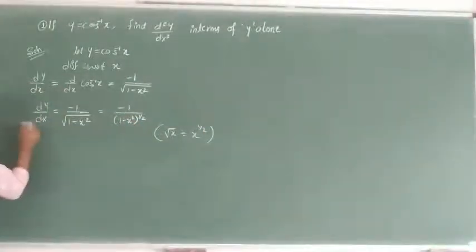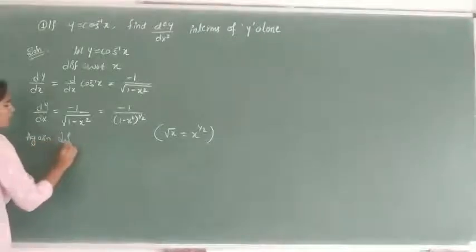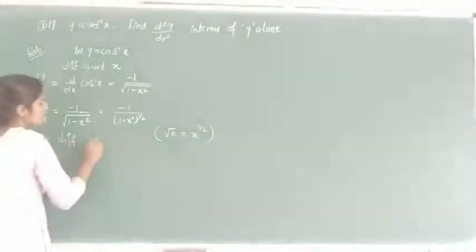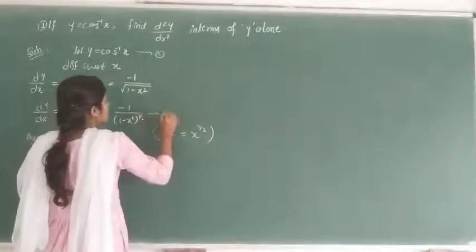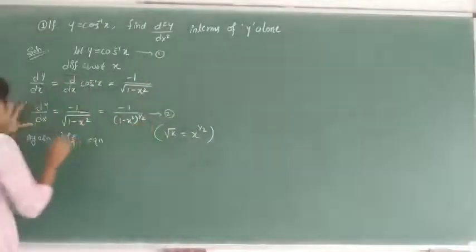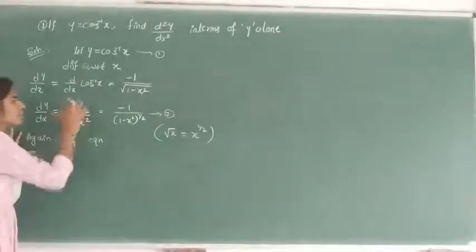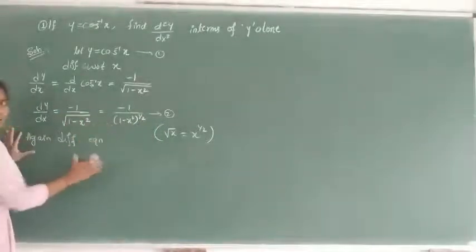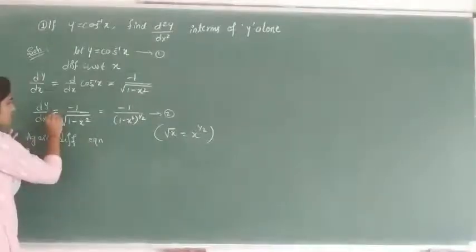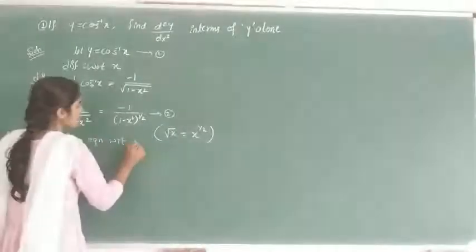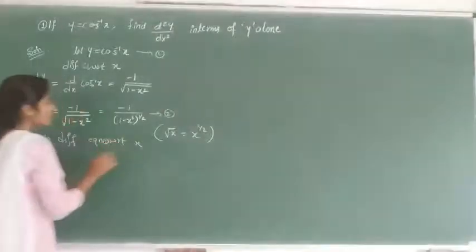So differentiate this equation again. Suppose this is equation number 1 and this is equation number 2. This is the first order derivative. If we differentiate again, this will become the second order derivative. So again differentiate equation 2 with respect to x.